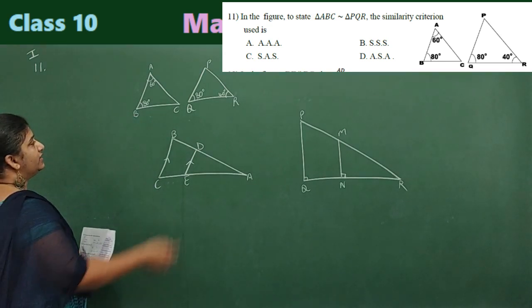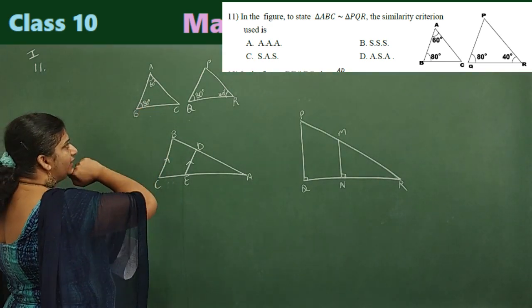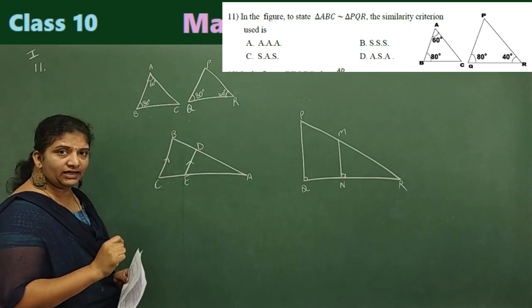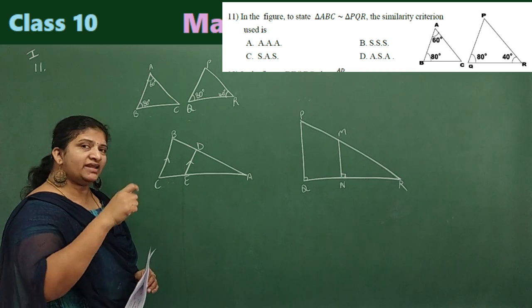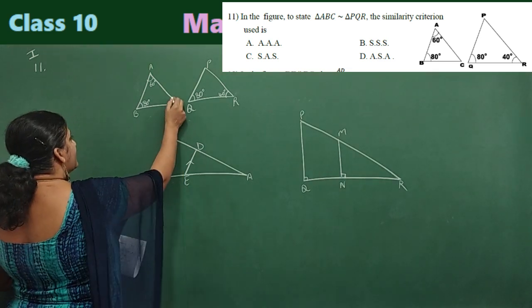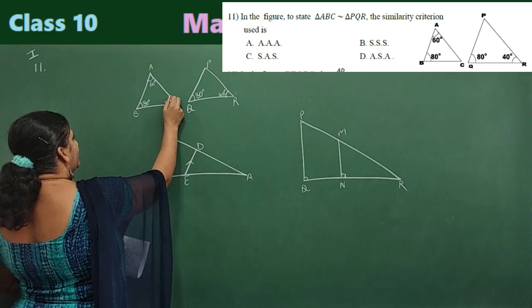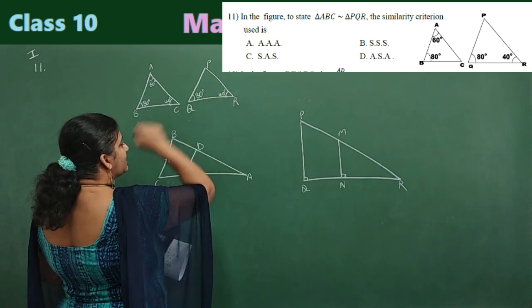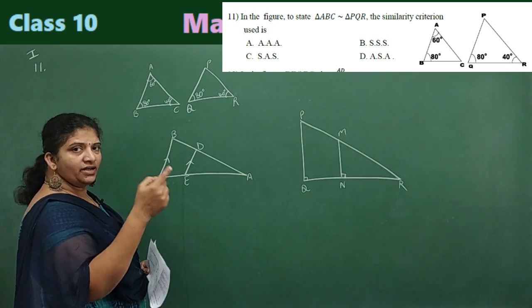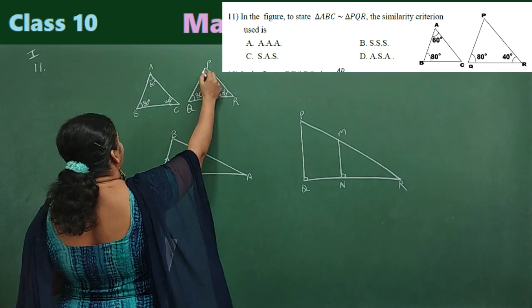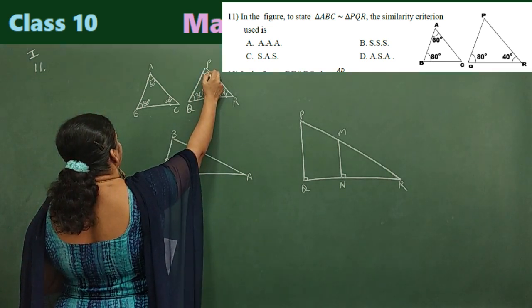Observe carefully, 60 degree, 80 degree. Then what will be the third angle? 60 plus 80, 140. 180 minus 140, then this angle will be 40 degree. Then here also find the missing angle. 80 plus 40, 120. 180 minus 120, it will be 60.